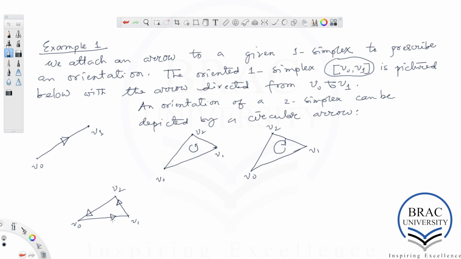It just means that it's the union of these three oriented one simplices. But the triangle is missing here because we have not put any circular arrow in the picture. So whenever we have to include the triangle, we have to put the circular arrow. Okay, good.